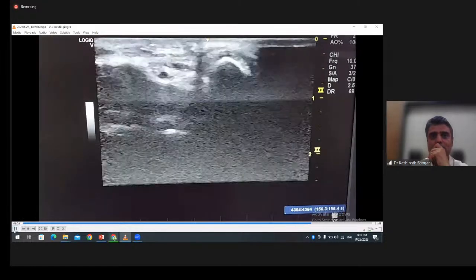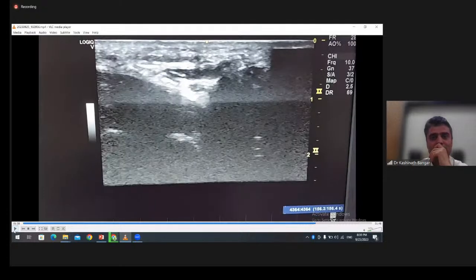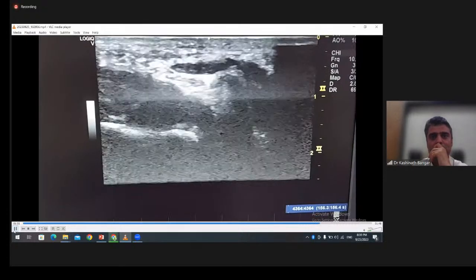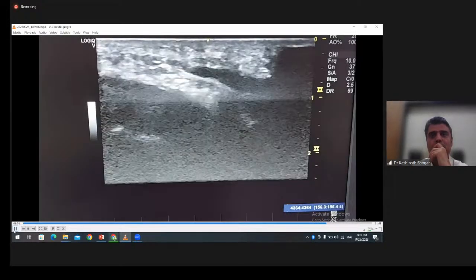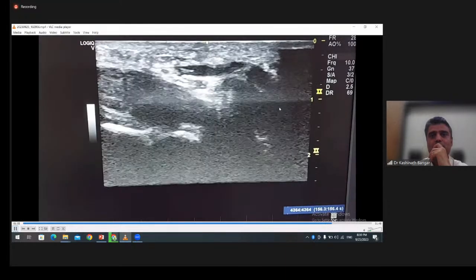Can you see the pisiform bone? Pulsations of the ulnar artery. Pisiform, ulnar artery pulsations, ulnar nerve, VCL, and this is a site of hydrodissection at the Guyon's canal.